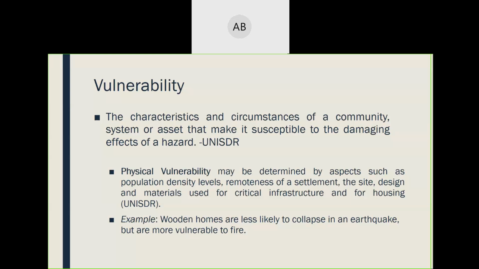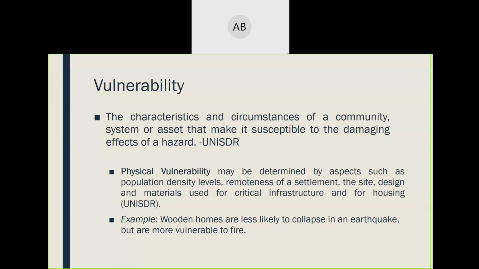So this is remoteness of settlement. If you are building your house too close to a hill, and the slope is being abruptly cut, then you are exposing yourself to a very vulnerable situation against a landslide disaster.